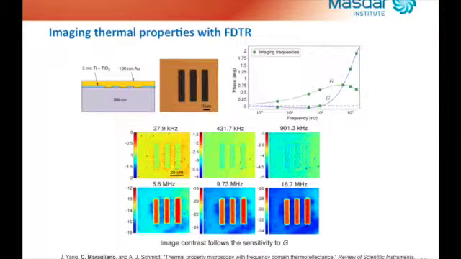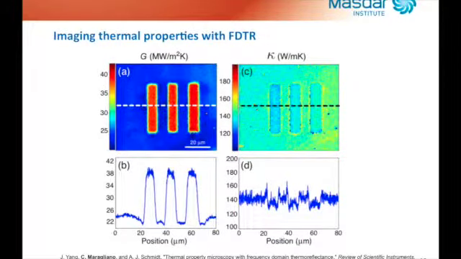And here is the result that we obtained on a sample made of silicon coated with gold and titanium. So we compare the experimental result with the sensitivity of the system given by analyzing the analytical model that I was talking about before, and by doing so we were able to reconstruct maps of thermal properties.